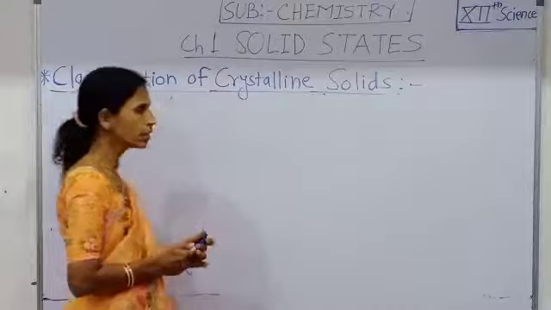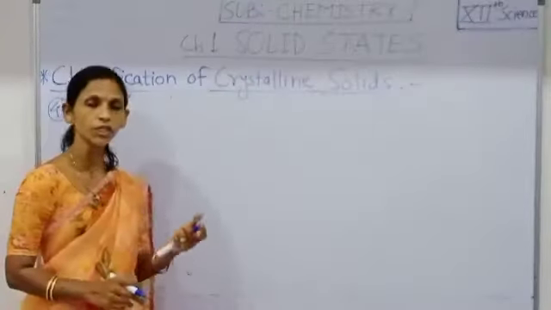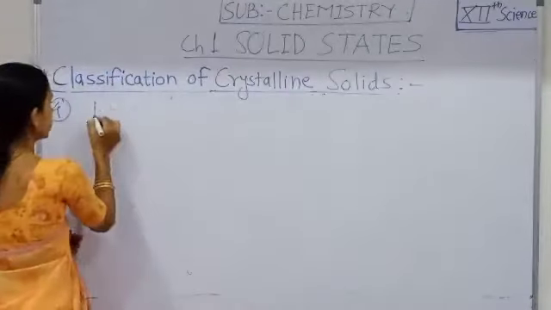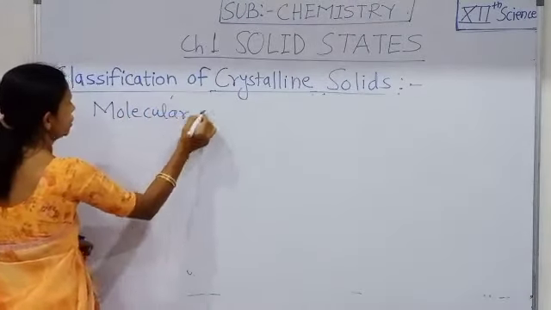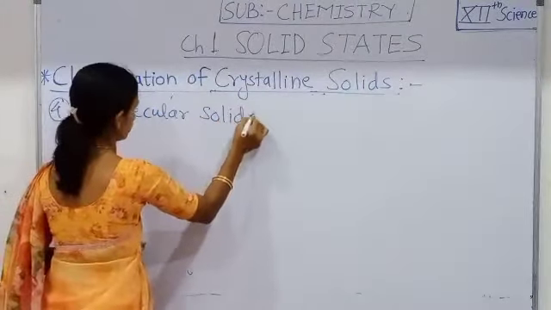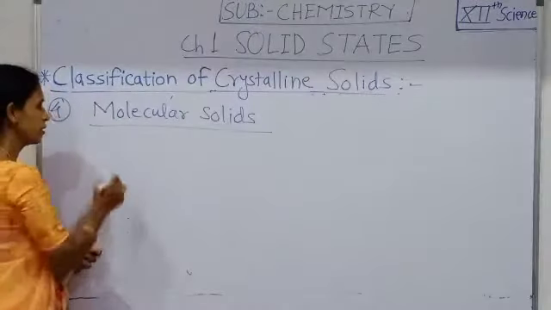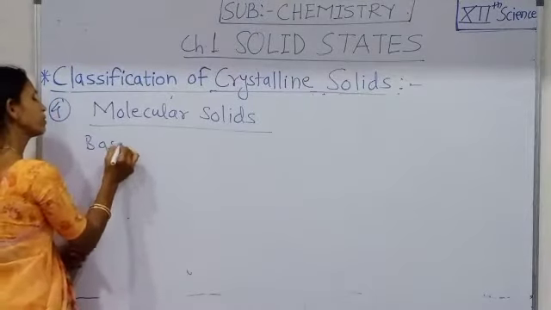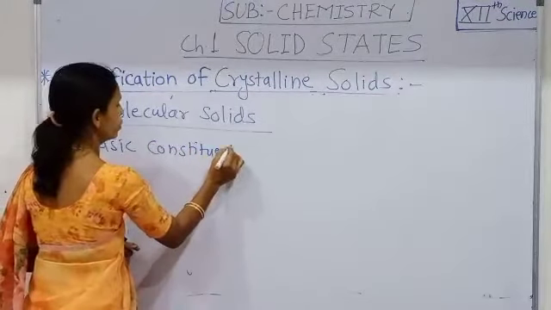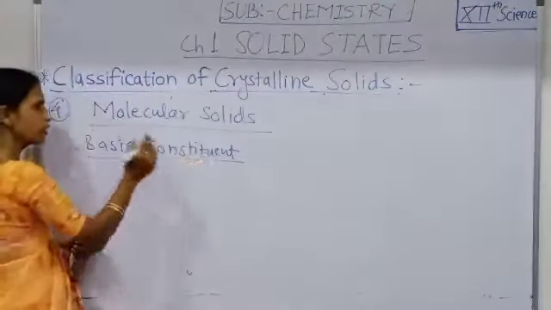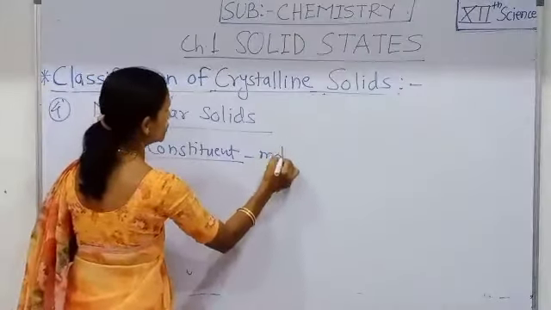Then see here, the fourth type of crystalline solid is the molecular solid. Here the basic constituents of those crystalline solids are molecules.